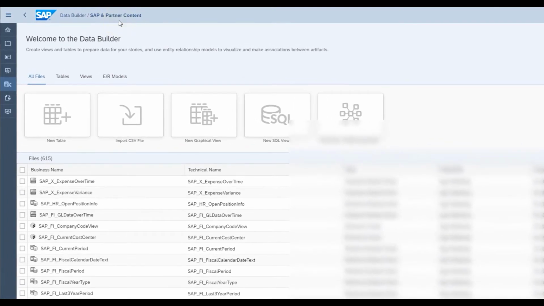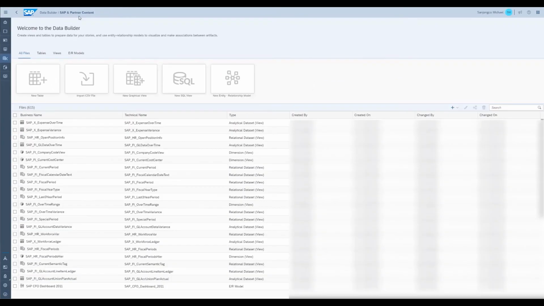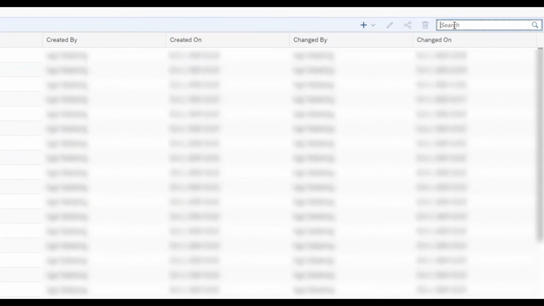For example, the workforce performance page of the Financial Analytics Dashboard leverages SAP Data Warehouse Cloud to combine data from SAP S/4HANA Cloud and SAP SuccessFactors in order to produce key performance indicators from different lines of business.